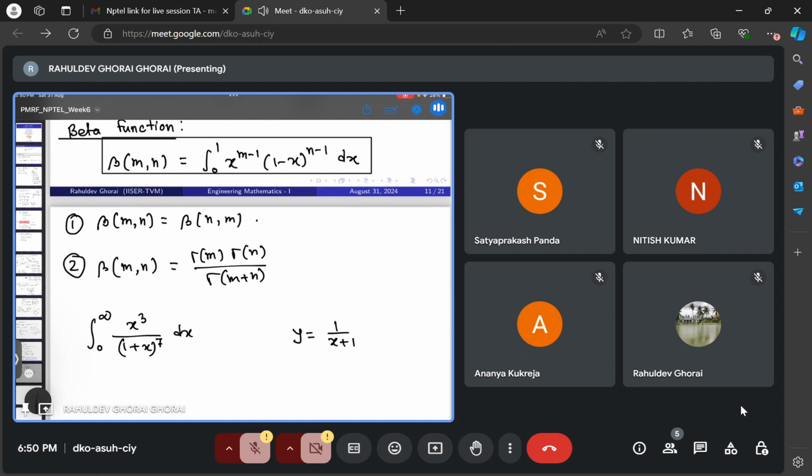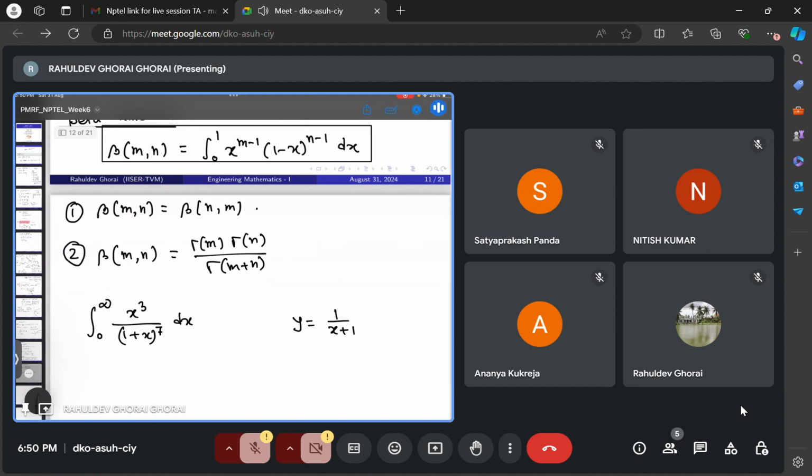Then 1 by 1 plus x to the power 7 will be y to the power 7, and from here I will find out what x is. So x will be 1 by y minus 1.